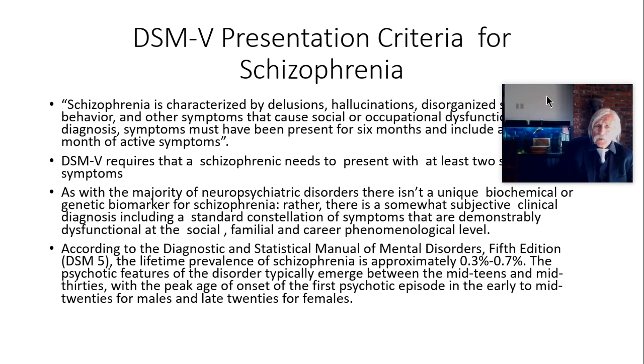The psychotic features of the disorder typically emerge between mid-teens and mid-30s. So it's a disease that unfortunately afflicts the young. Peak onset is first psychotic episode is usually early to mid-20s for males and slightly more older in females, late 20s. So it's not a disease that you see come up. Schizophrenia doesn't come up when a person's like in their 50s or 60s, although there can be psychotic breaks, which may be associated with schizophrenia that otherwise was occult or latent.